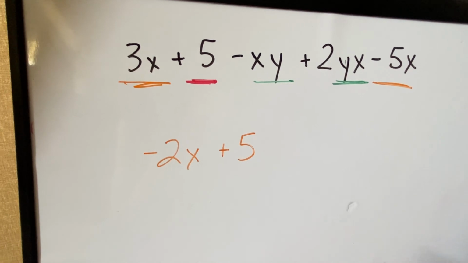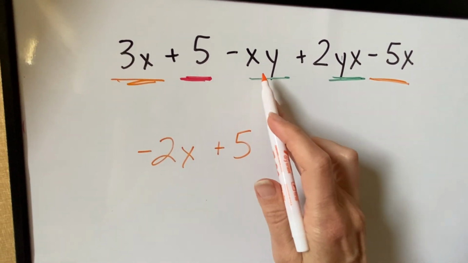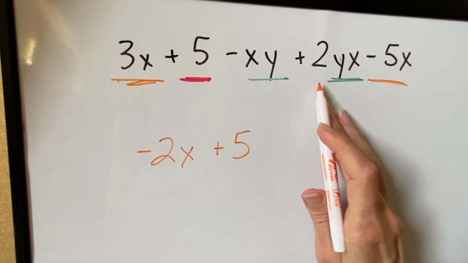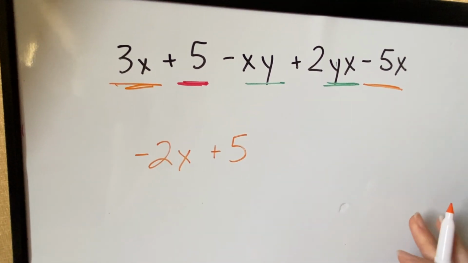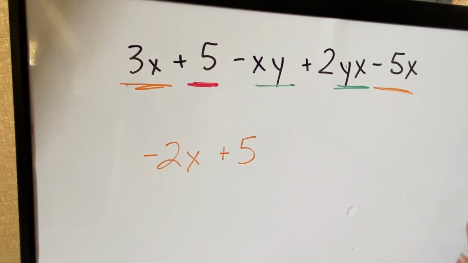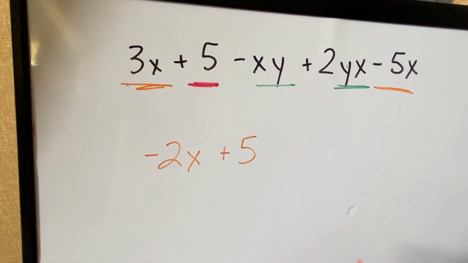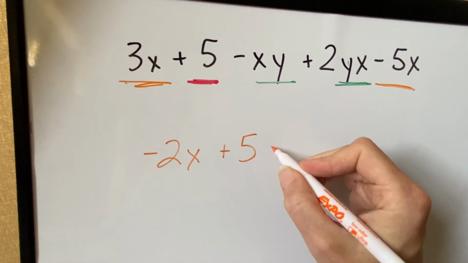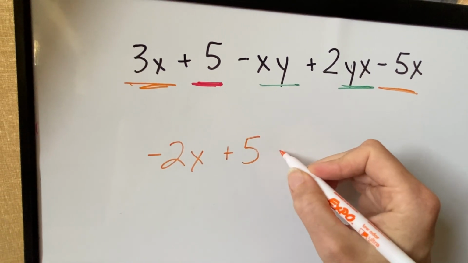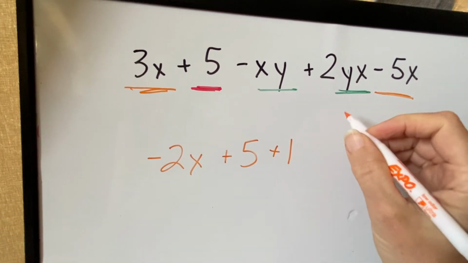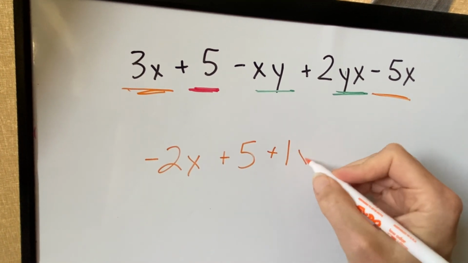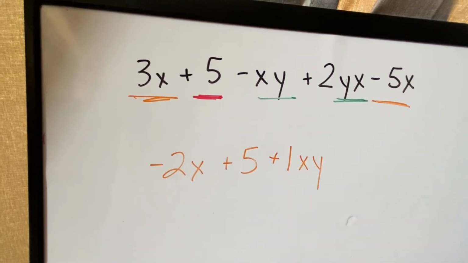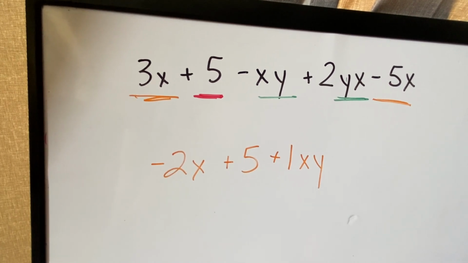Now we have a -1 of these xy's and we have a +2 of these xy's or yx's, however you want to say it. So we add -1 plus 2. Signs are different. You subtract. 2 minus 1 is 1. And it's positive because the 2 is bigger and it's positive. And I'm just going to write xy. You can write yx, doesn't matter which one.